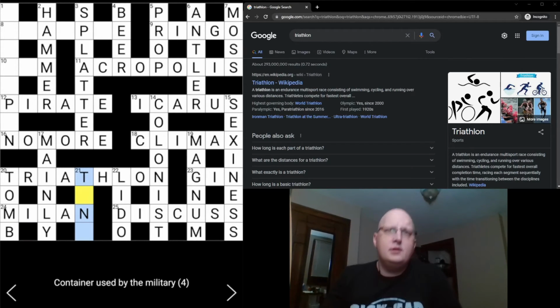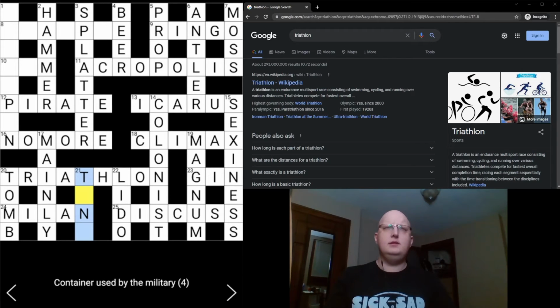Container used by the military. Well, I bet the answer here is tent, because militaries use tents, and tents certainly contain things like people. But I'm not sure how you're supposed to know exactly that it's tent. If there was a question mark there, and it was just supposed to be a clever wording problem, I'd be a little more confident about that.